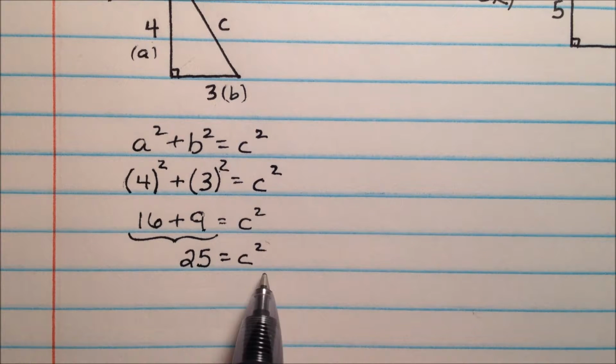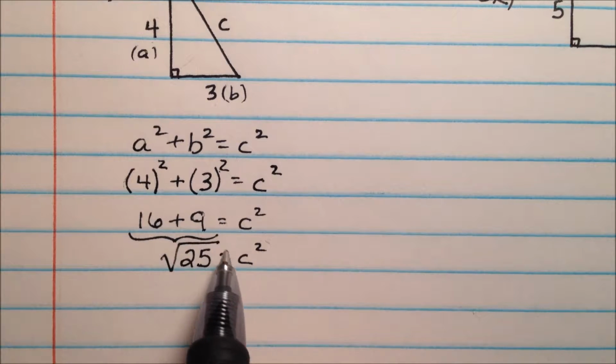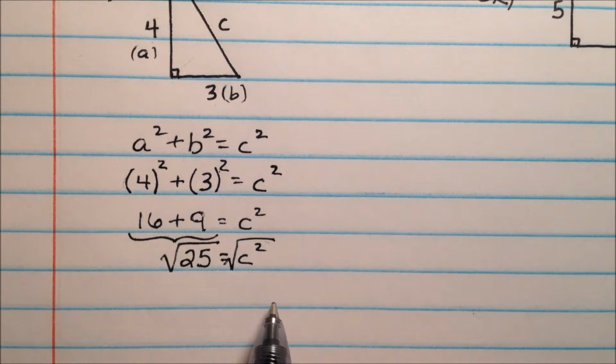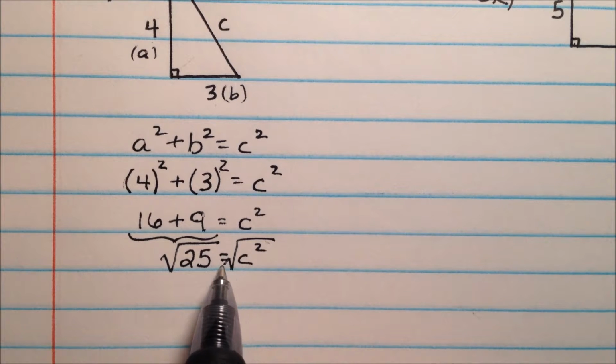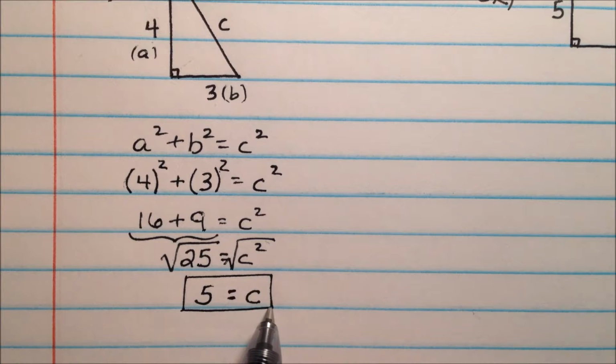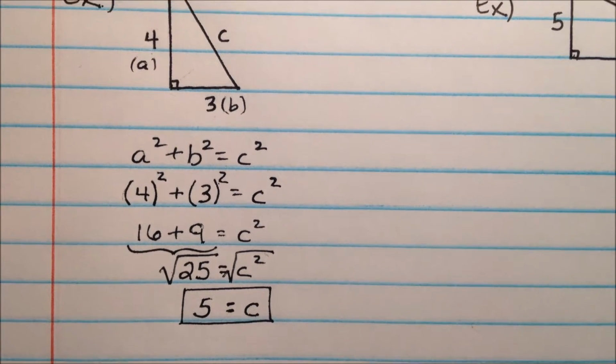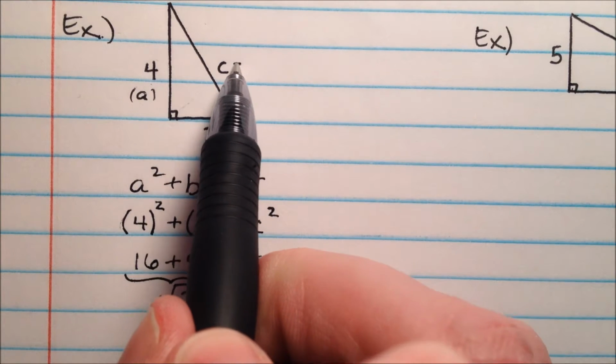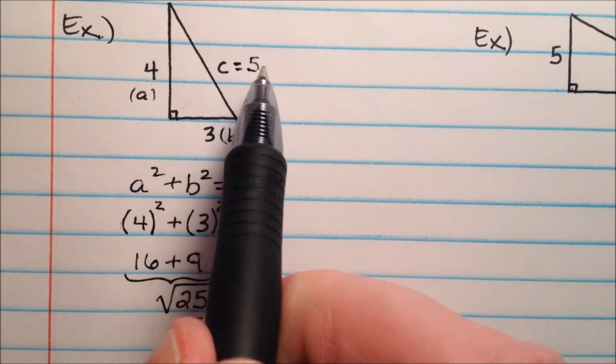We don't want it to be c squared, we just want it to be c. So in order to do that, we're going to take the square root of both sides, because this square root right here and this squared will cancel each other out and leave us with just the c. The square root of 25 will be 5. So in this case, our value of c, or the hypotenuse, is going to be 5 units. So we could say c equals 5 right there.